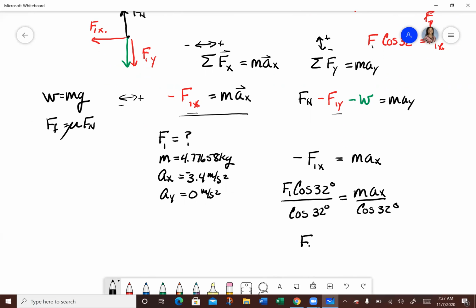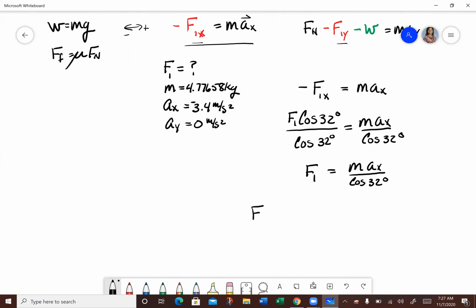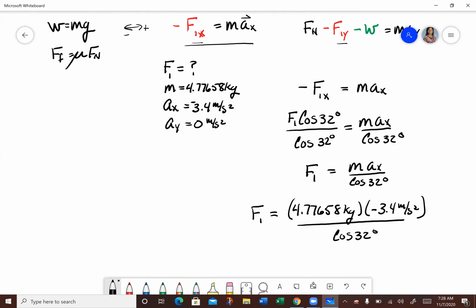So F1 is equal to max divided by cosine 32 degrees. So plugging in my numbers, F1 equals 4.77658 kilograms times negative 3.4 meters per second squared divided by cosine 32 degrees.